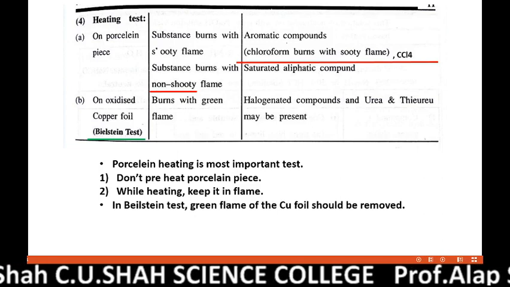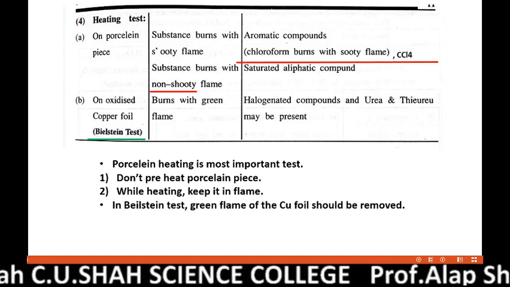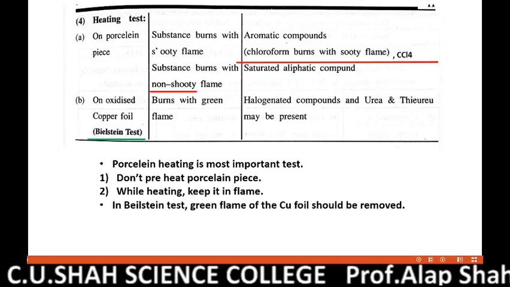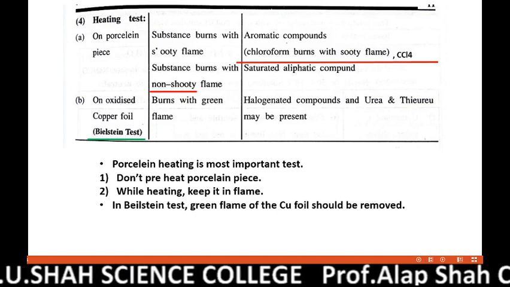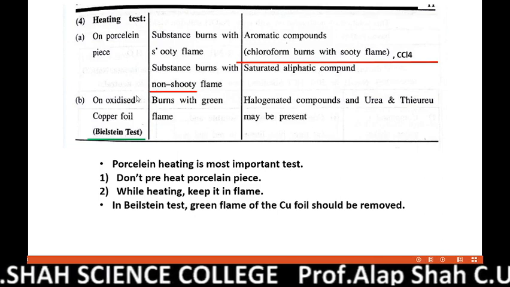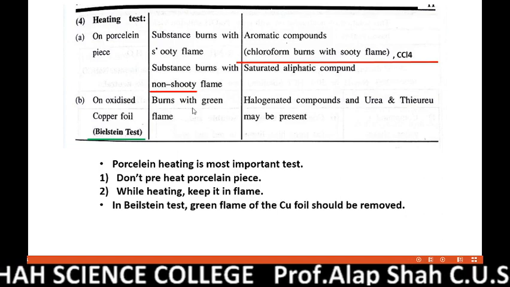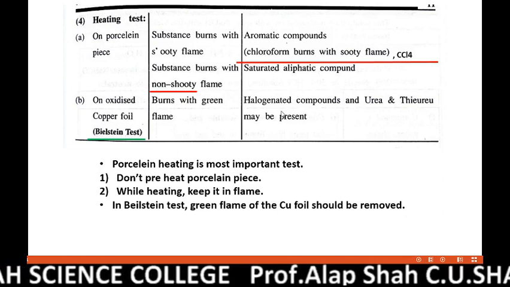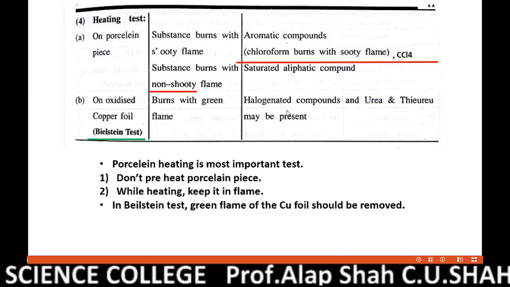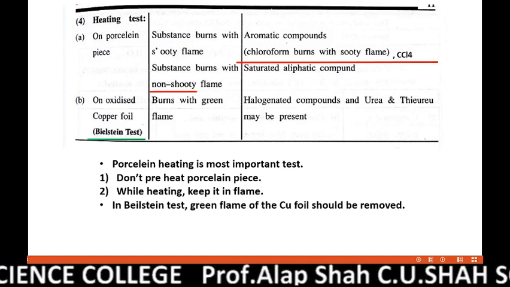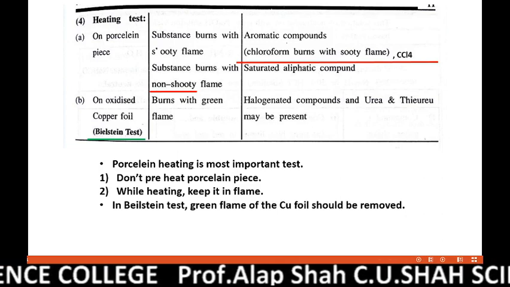Then we place our compound on this copper foil and heat it further, and if we observe a bluish green flame, then it indicates the presence of certain halogenated compounds and a few solid compounds, urea and thiourea.